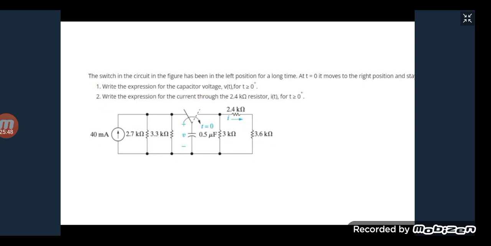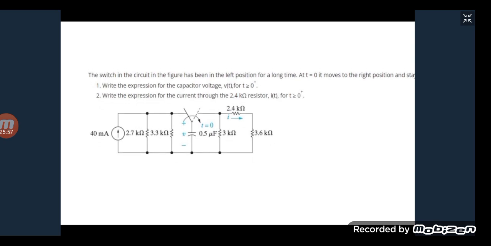Here let's take a look at this question. This is a question raised by another student. Here we would like to find the capacitor voltage.